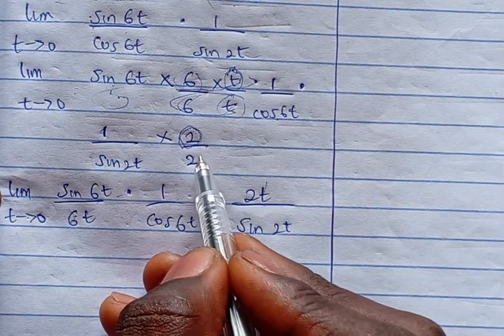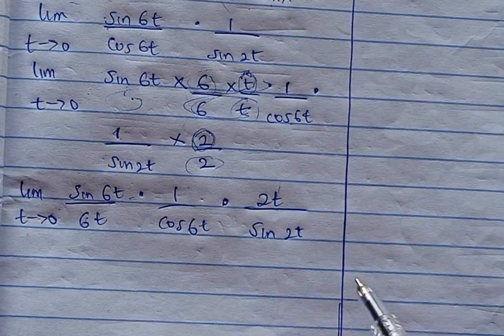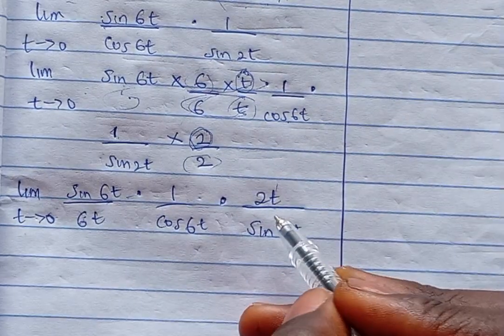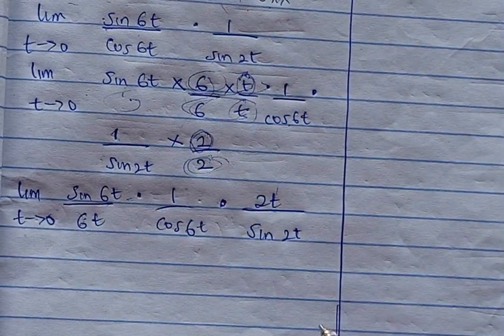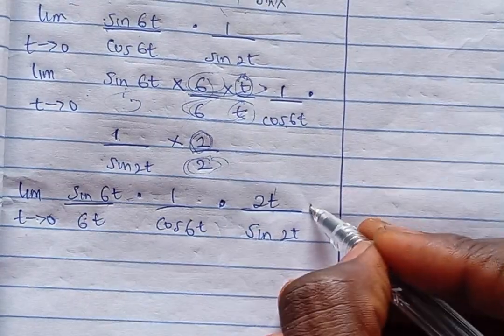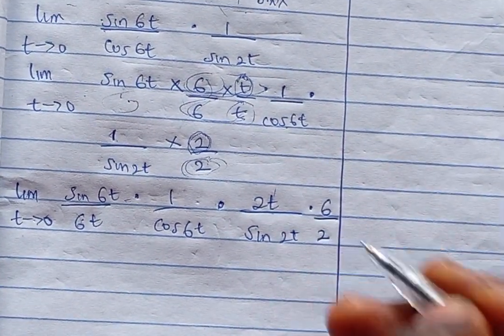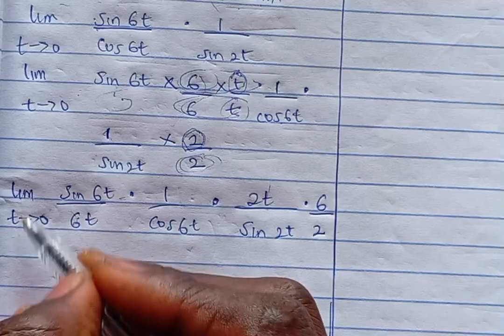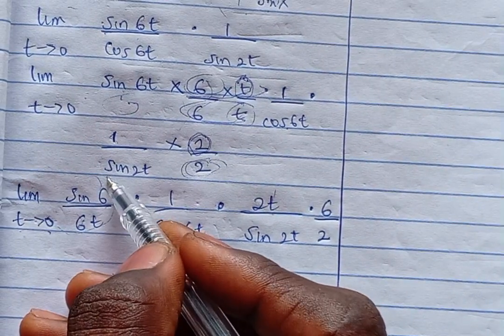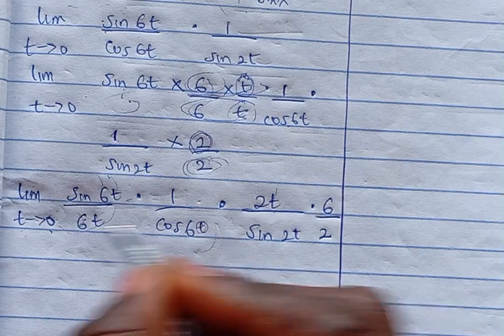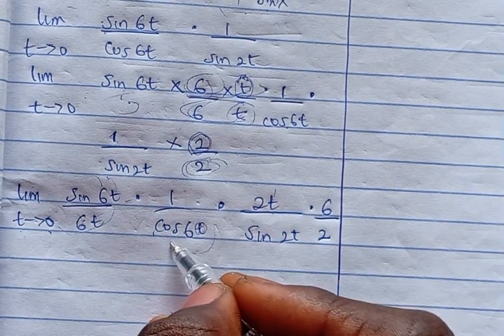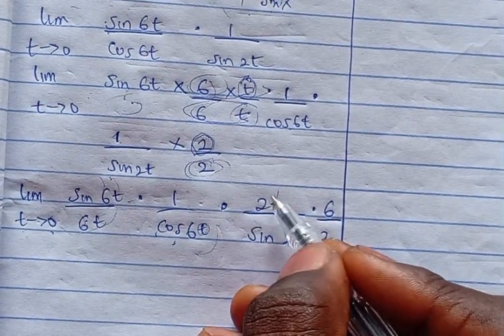It means that I have 2 at the denominator, and I have 6 remaining at the numerator. Do you understand? Multiplied by 6 over 2. The standard limit as t tends to 0 of this one will give us 1. For this one, if we substitute 0, cos 0 is 1, and 1 divided by 1 is 1.